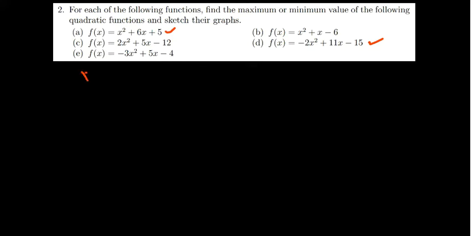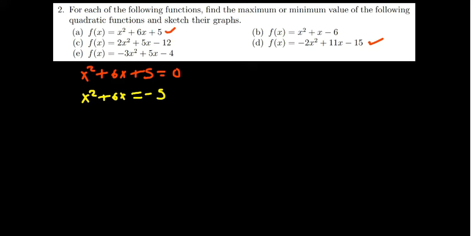So x squared plus 6x plus 5. My way of dealing with this is I like taking the constant across the equal sign. It becomes a negative. You only go to that step directly if the coefficient of x squared is a positive 1.